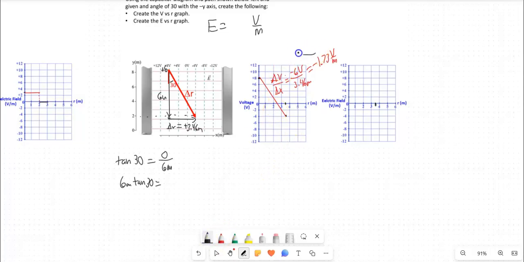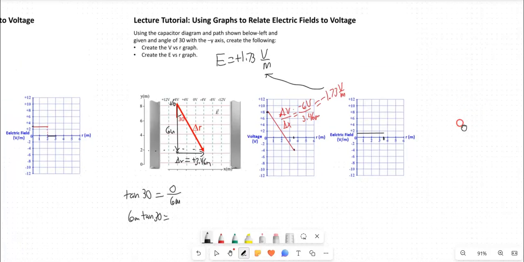So that's going to work out to be a positive 1.73 volts per meter. Okay? And now we just have to plot that, which is about right here.